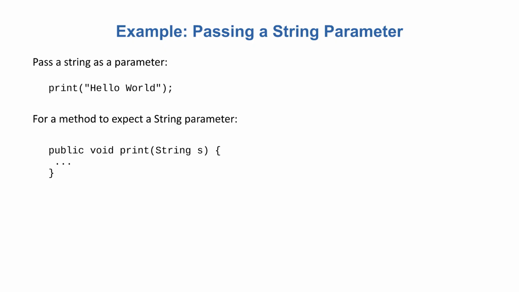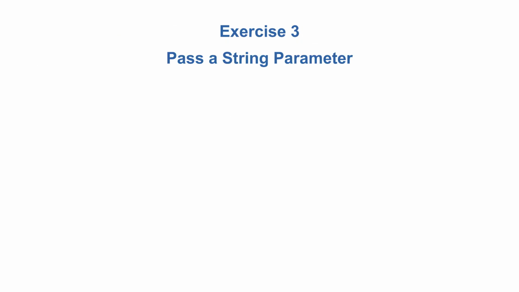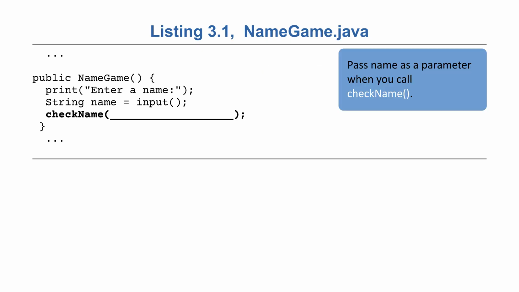For example, when you use the print method, you pass the string as a parameter like this, print hello world. The print method is defined in DIY window to expect a string as a parameter like this, public void print string s. Exercise 3. Pass a string parameter. Pass name as a parameter when you call checkName.